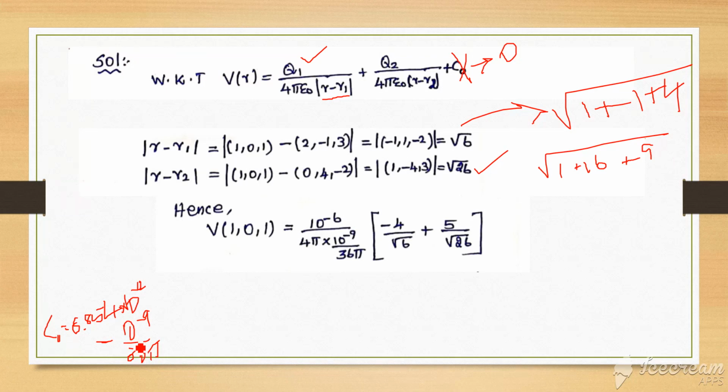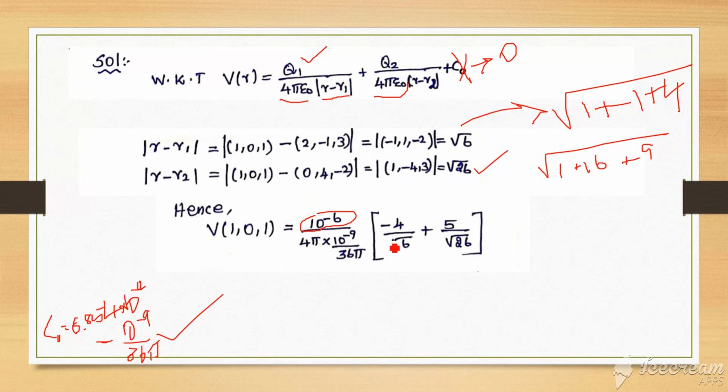And here the charges are given in microcoulomb, so I take 10 power minus 6 outside. In the denominator the common term is 4 pi epsilon naught, so for 4 pi epsilon naught I write 10 power minus 9 divided by 36 pi.